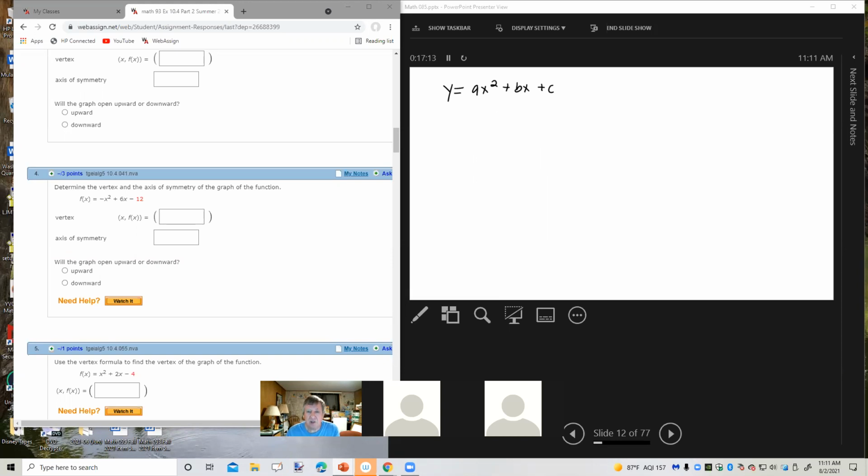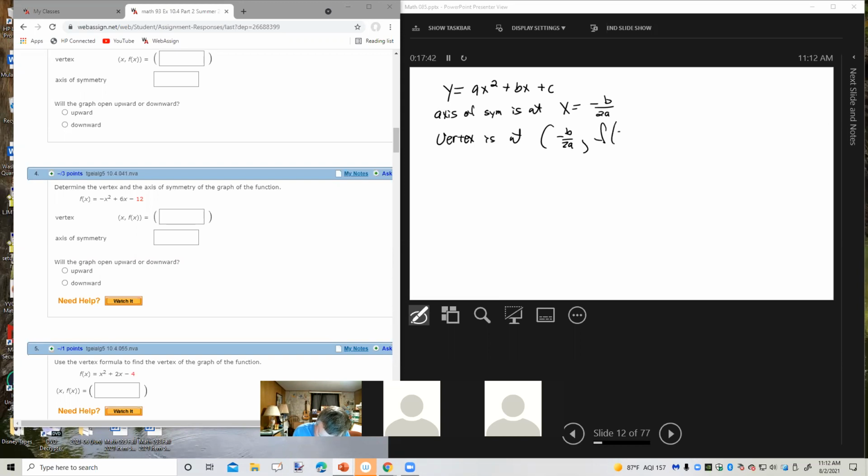When an equation is in this form, the axis of symmetry is at x equals negative b over 2a. And the vertex is at negative b over 2a. So it's the same number that the x value is.